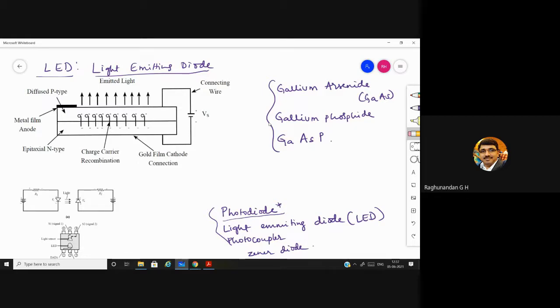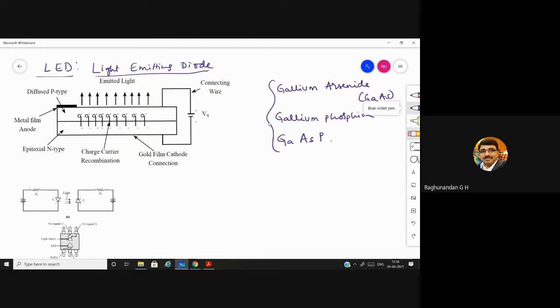Can anyone tell me what happens when an electron is excited to a higher orbit, according to the Bohr atomic model? What happens to that electron? What happens when it comes back? Just in brief.